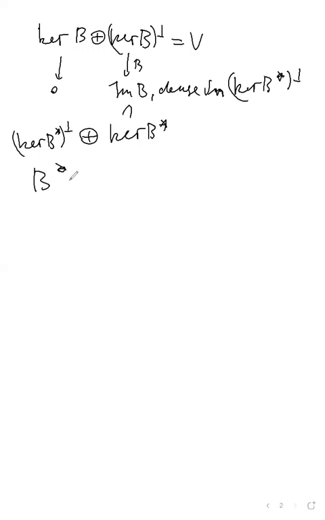B star is the identity minus A star. And this operator is also compact. Sorry, the adjoint of a compact operator is compact. Now let's see where this is going.